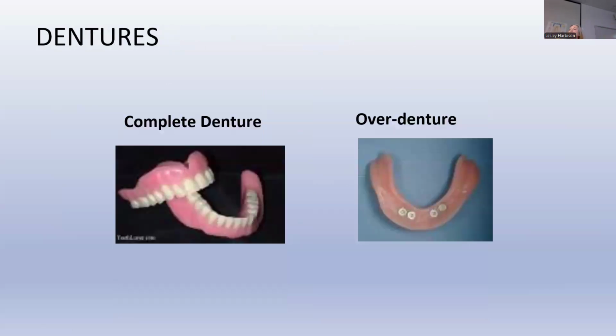It just depends on what the patient has. There are the complete dentures. A maxillary denture is going to have a full palate. It needs that suction to keep it up. And usually patients might even use a tiny bit of adhesive to really keep it stuck up there. And then they could have an overdenture that snaps onto implants as well.